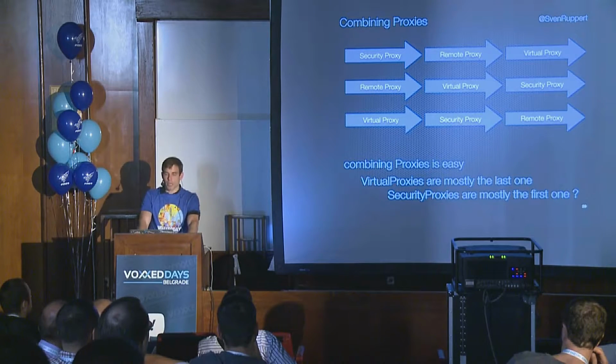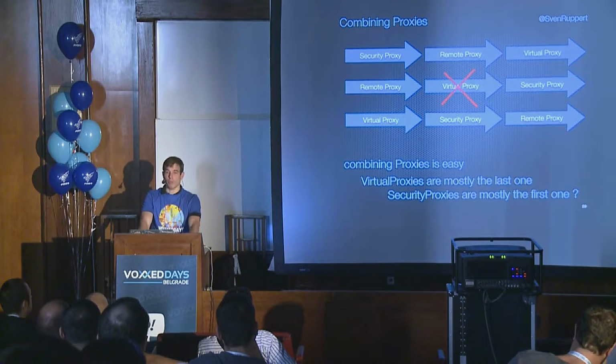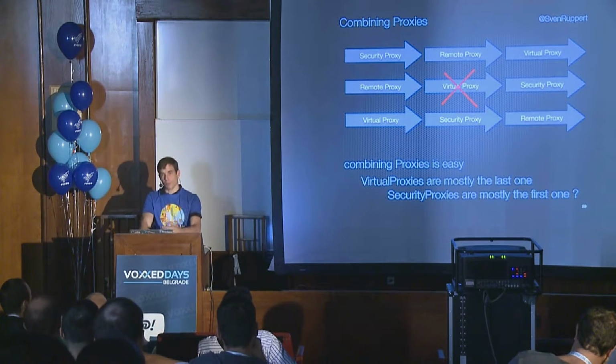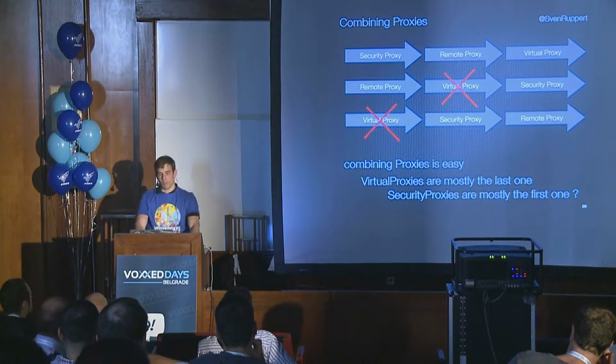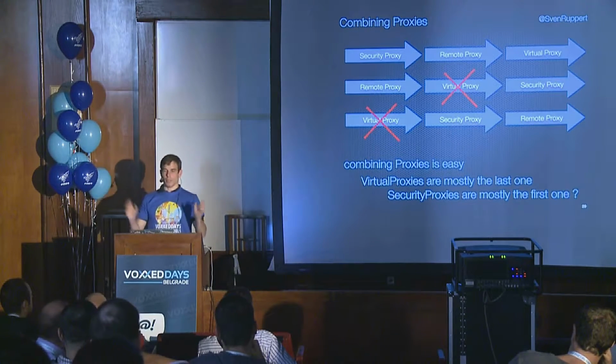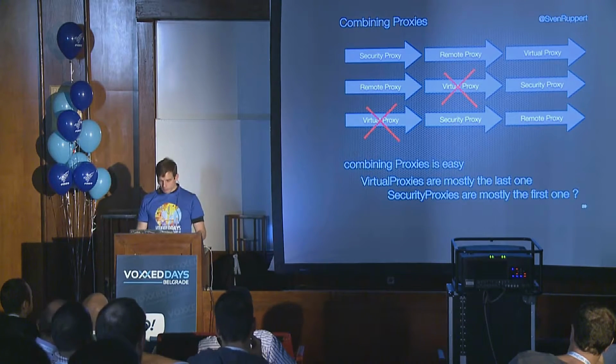Sometimes it makes no sense, some things, for example, here I think a remote proxy that's going on a virtual proxy and then asking a secure proxy, if it makes sense, maybe it's not what you really want, because the virtual proxy resource saving is not really active, and the same here. So you have a lot of combinations, but sometimes not useful.